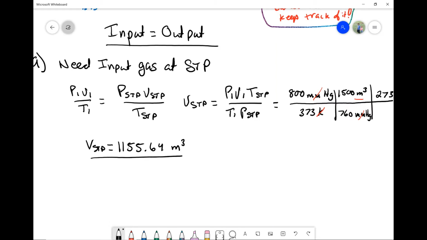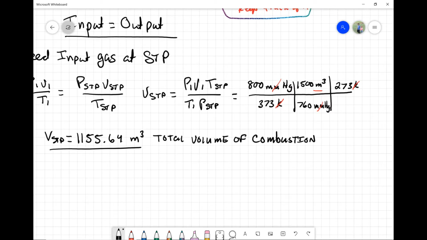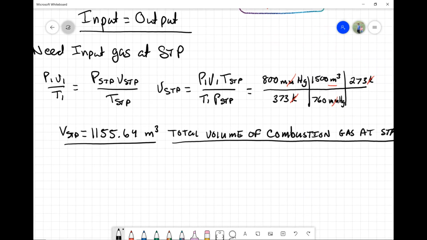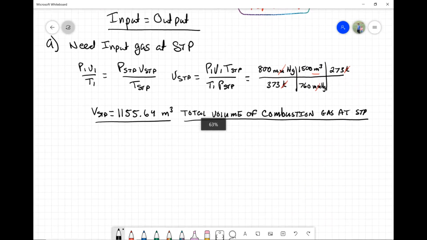1155.64 cubic meters is the total volume of combustion gas. So this is the total volume of combustion gas at STP. Hooray!